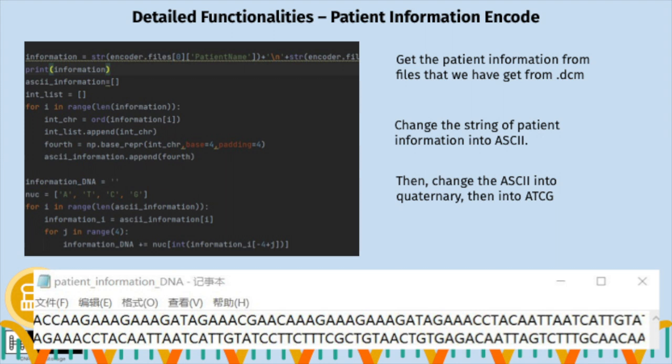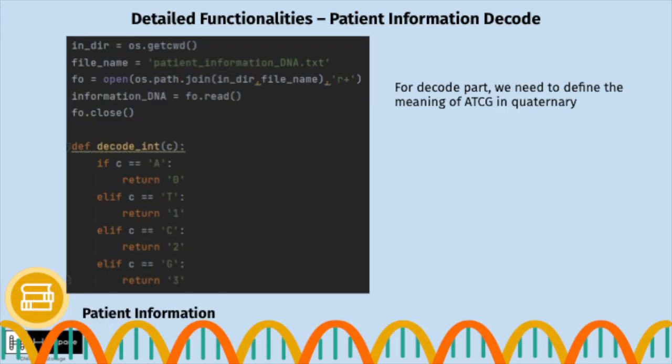After finishing transferring to ASCII code, we change them into quaternary code, which could combine with ATCG in DNA. Therefore, we could construct a guide, so the string of the patient information could be stored as ATCG in the DNA sequence.